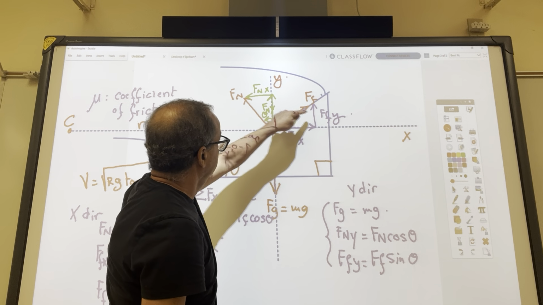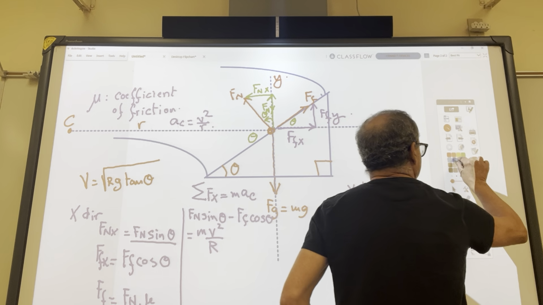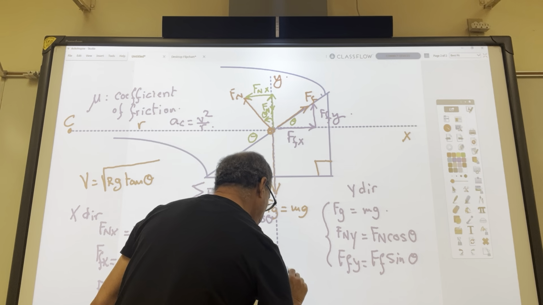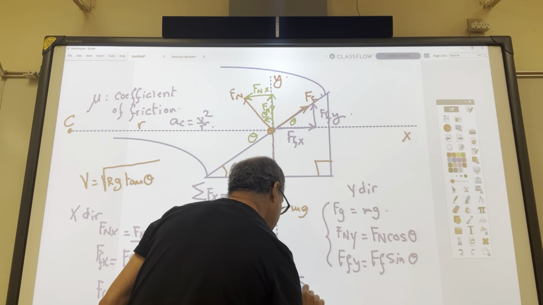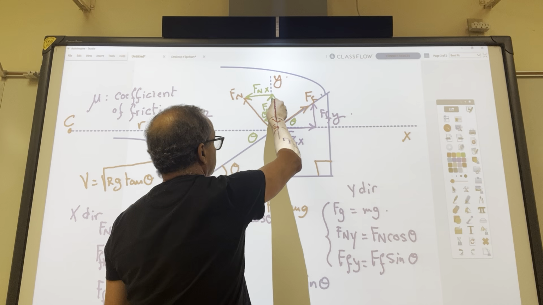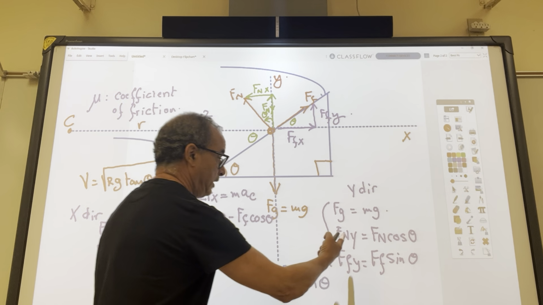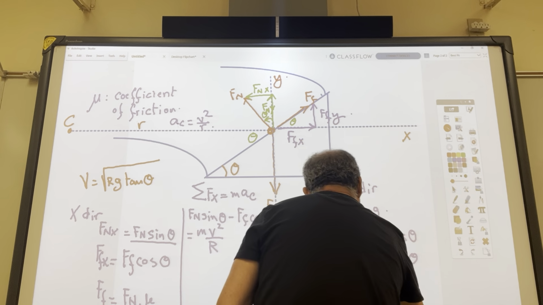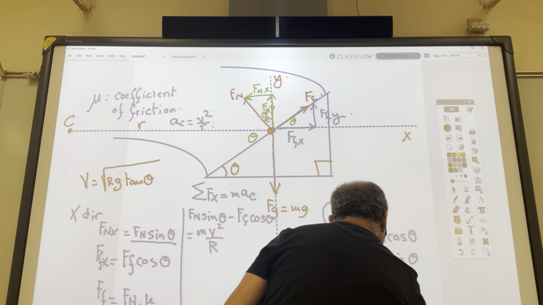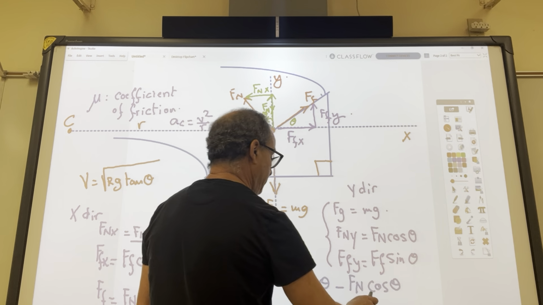So these two forces are going to balance out the force of gravity, which means we're going to write in the equation the two positive forces, because they're both going up.